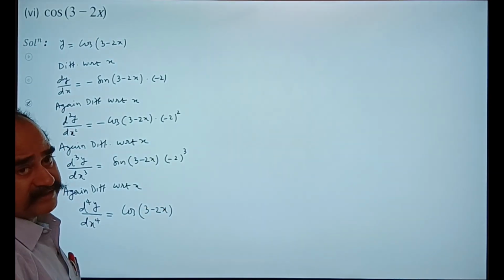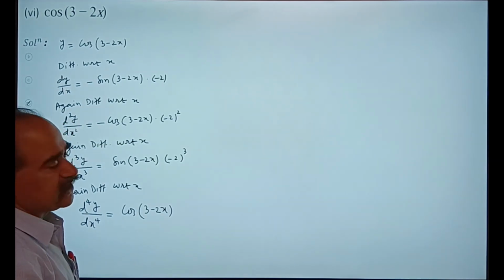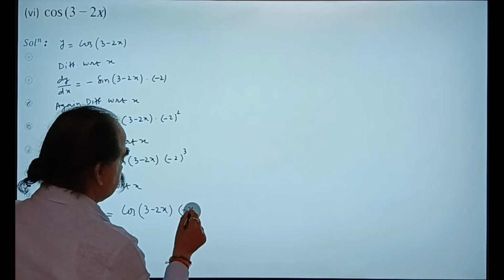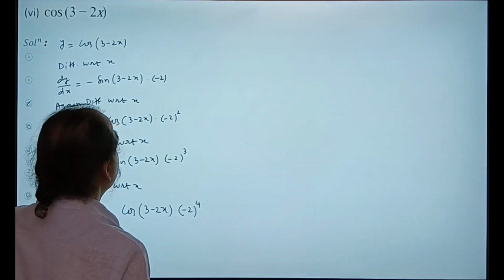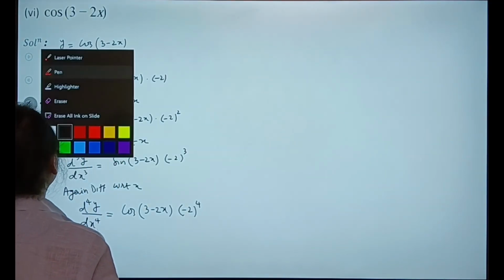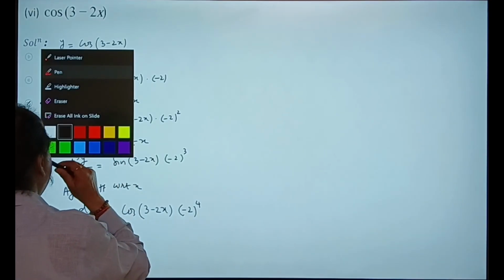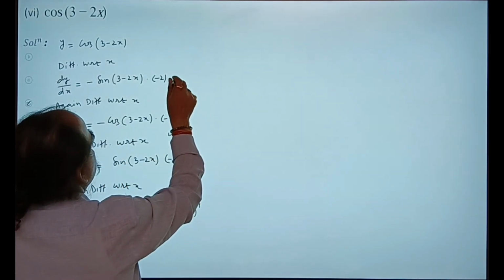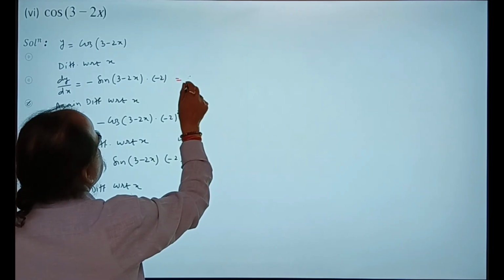Minus 2 cube is there, which is constant, into derivative of 3 minus 2x is again minus 2. So that will give you what? Minus 2 raised to 4. Let us generalize it. This minus 2 is there.